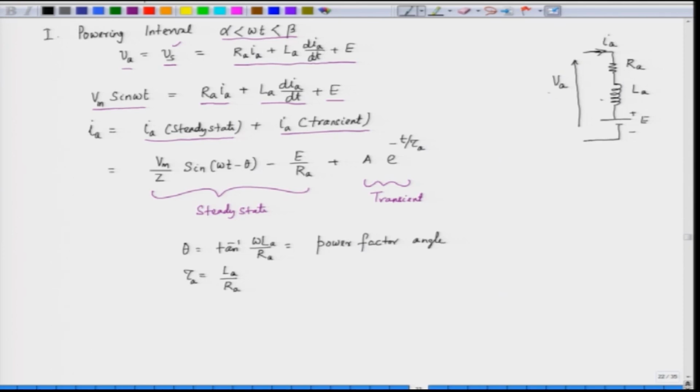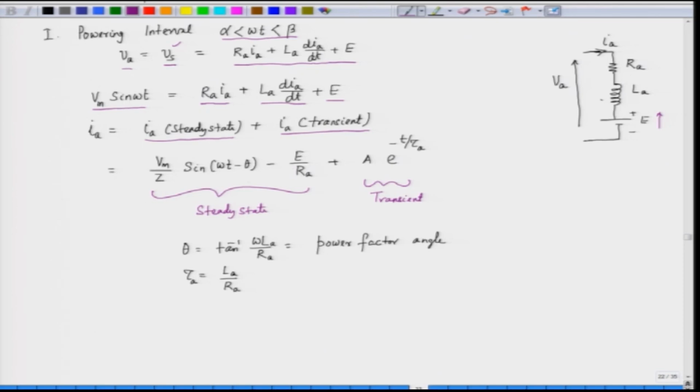One is because of the input voltage VA, which is AC voltage, and the other is the back EMF, E, from another source here. The back EMF tries to oppose the current, because it tries to drive a current in the opposite direction. So, the AC steady state current is Vm by Z sin(omega t minus theta), and the DC current opposing this current IA is minus E by RA.